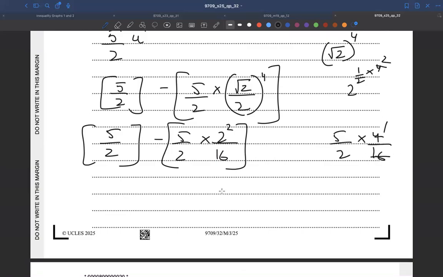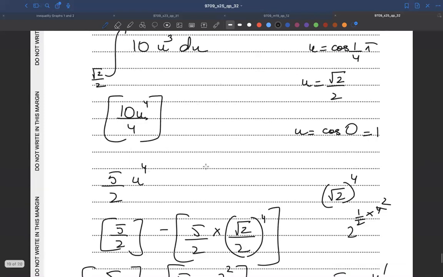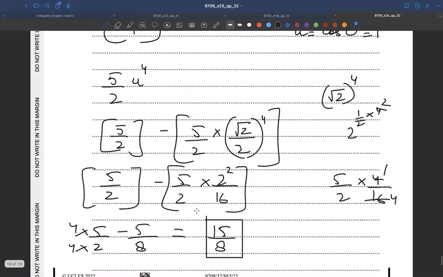This will cancel out, and we'll get 5 upon 8. So 5 upon 2 minus 5 upon 8, multiplying this by 4, we'll get 20 minus 5, which is 15 upon 8, as the area under the graph for the limits pi upon 4 and 0. So the final answer will be 15 upon 8.